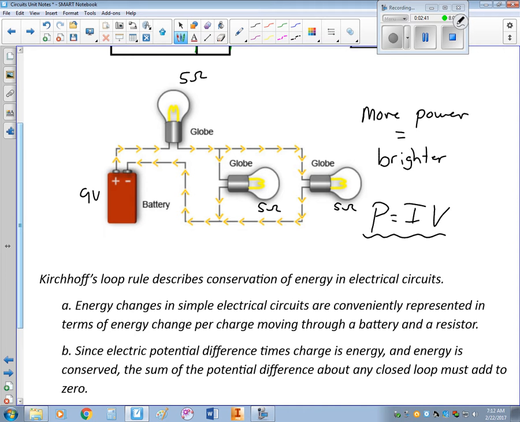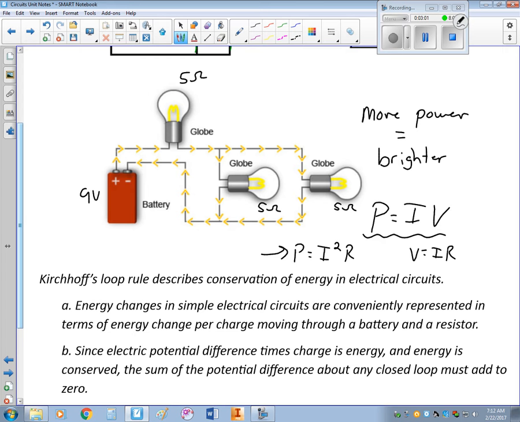Remember that voltage equals current times resistance. And if I do some algebra here, I see that power equals current squared times resistance. This is actually a more useful equation to help us with this problem.